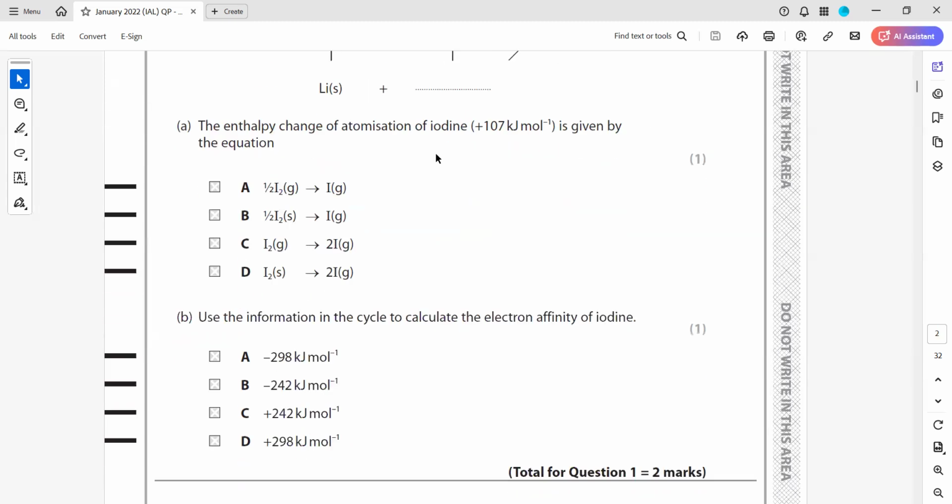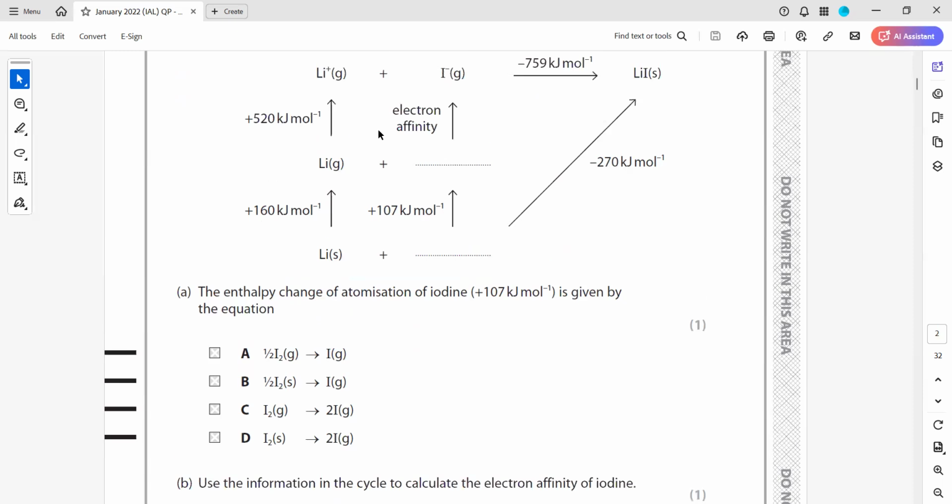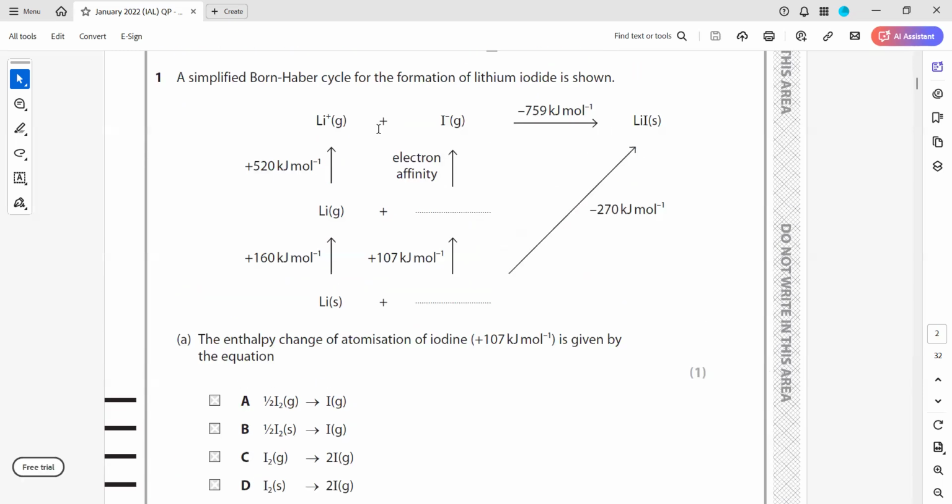If there were 2 electrons, then this value will be multiplied by 2. Yes, if 2 atoms are there. Let's say if we were having 2 atoms here, then this value will be multiplied by 2.